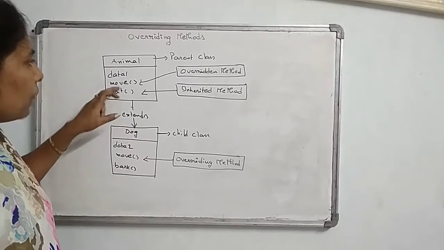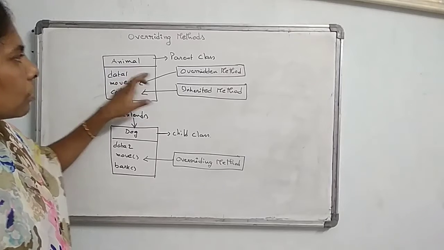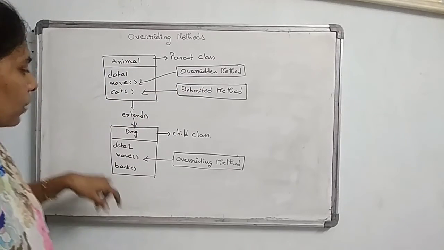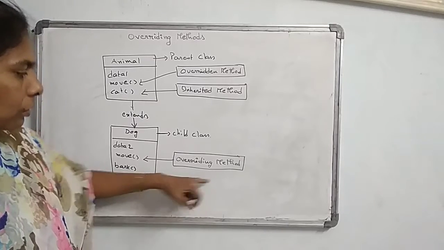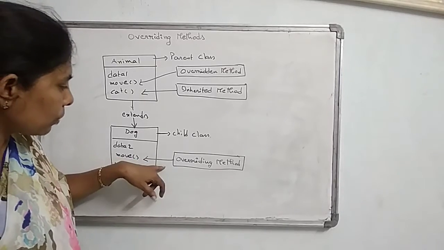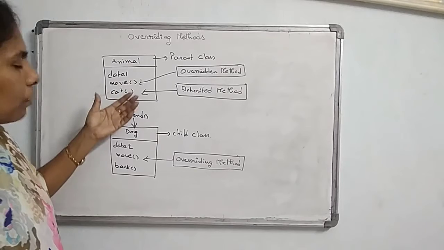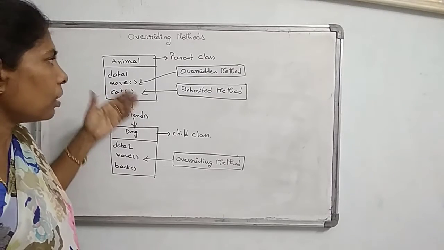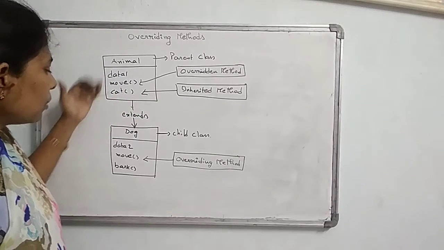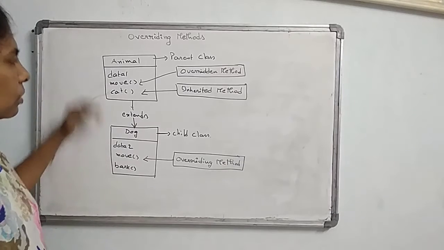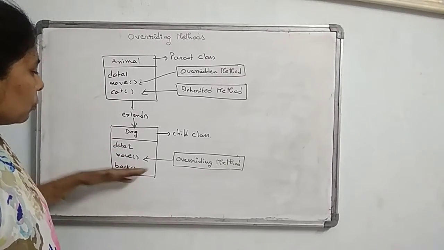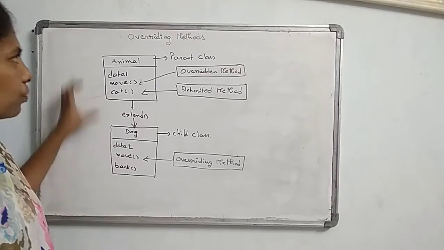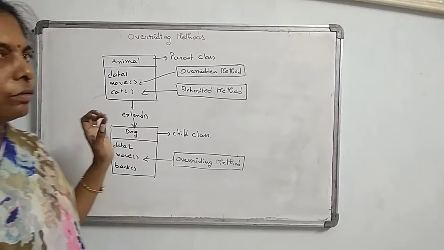At that time, the move method in the parent class is called the overridden method and the move method in the child class is called the overriding method. This overriding method must have the same parameters and return type as in the parent class. So we can access the parent class using the child class. This is the process of overriding methods.